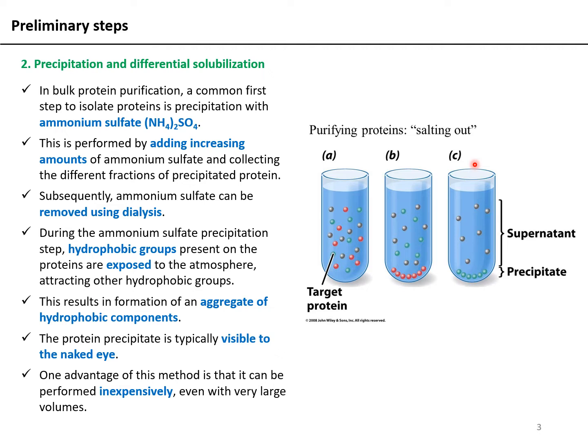They were in solution when they were soluble, and when they precipitate out, they are brought out of solution, and hence we call this salting out. Say for instance you have your target proteins, and you precipitate out first these red ones and then these green ones, and finally you have just the yellow ones, which is your protein of interest, in the solution.